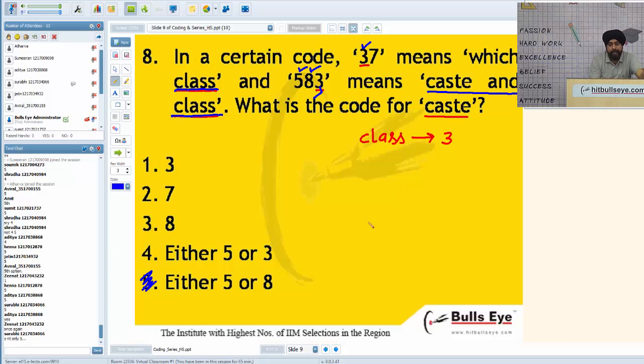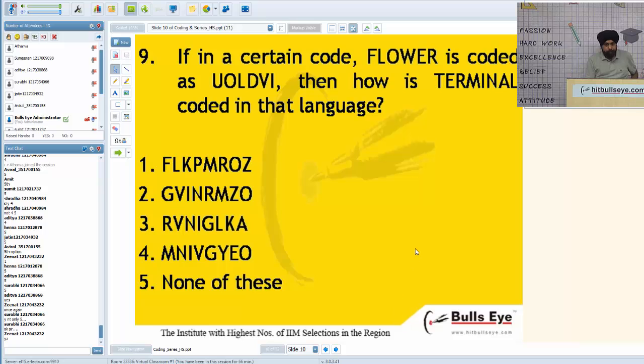One is caste and the second is and. So any of those two could stand for any of those two words, and mind it, in such questions it is not the sequence that matters, because if we have to seek the sequence then we need not compare anything. In such questions the sequence does not matter; you only have to compare the common words and common codes. Is that fine, Surbhi? Zinat, you are okay with it? Yes, Zinat. Okay.